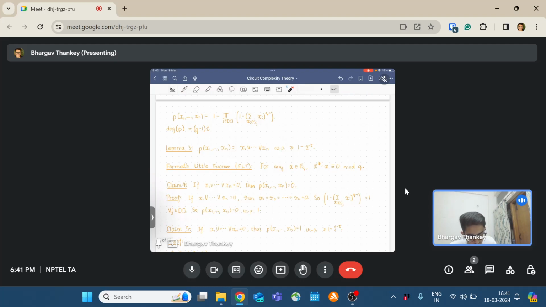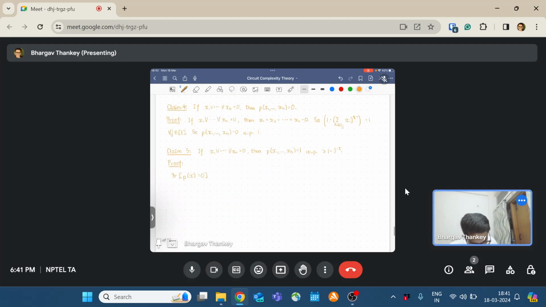P of x will be zero if this is one, which means each and every one of these products is one. So this is the probability that, let me copy it again.